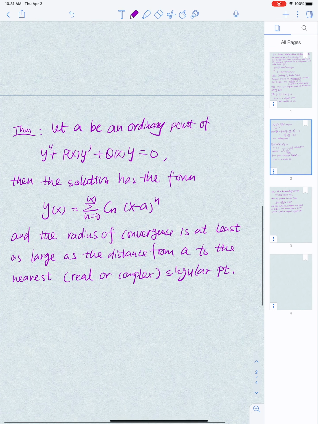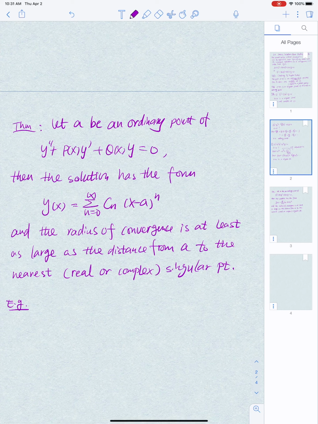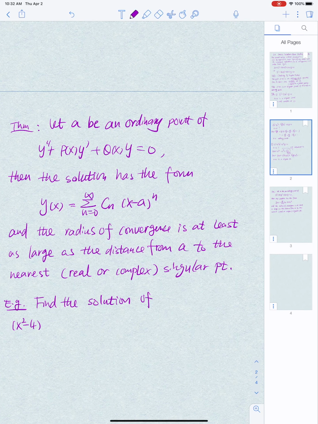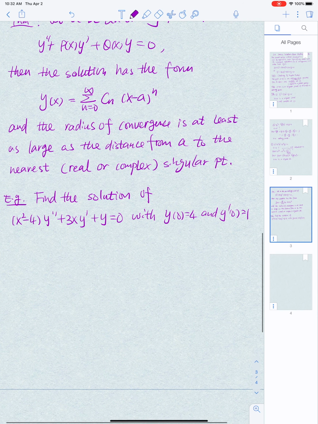So now let's look at an example. So let's first put it in the form with 1 being the coefficient of y double prime.